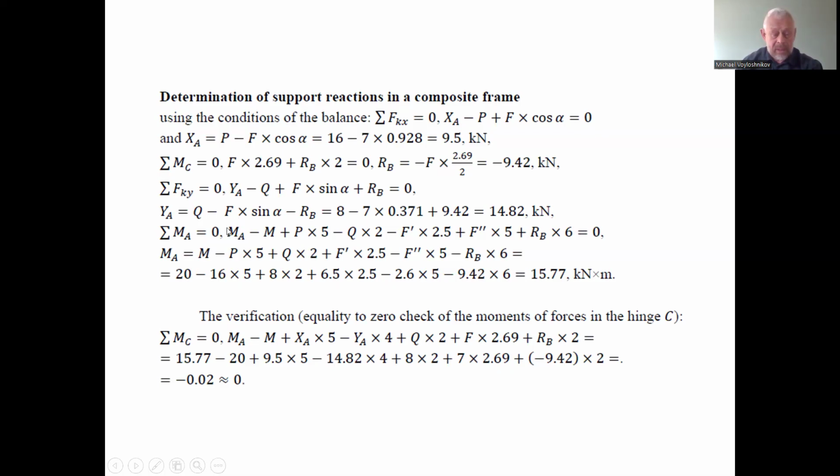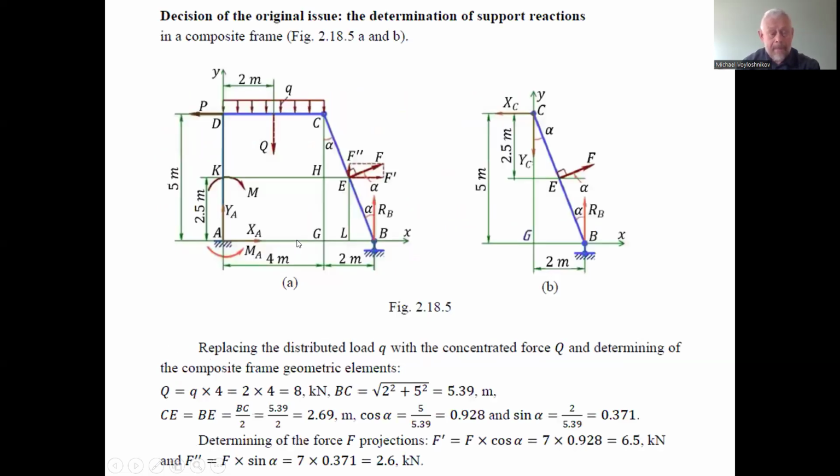This gives the reaction moment of the support MA, minus the assigned moment M, plus P, the force acting on the left here, counterclockwise with arm 5 meter, minus Q rotating clockwise with arm 4 divided by 2, a 2 meter arm of the force Q relative to point A, and plus the moments of the two forces F stroke and F2 stroke.